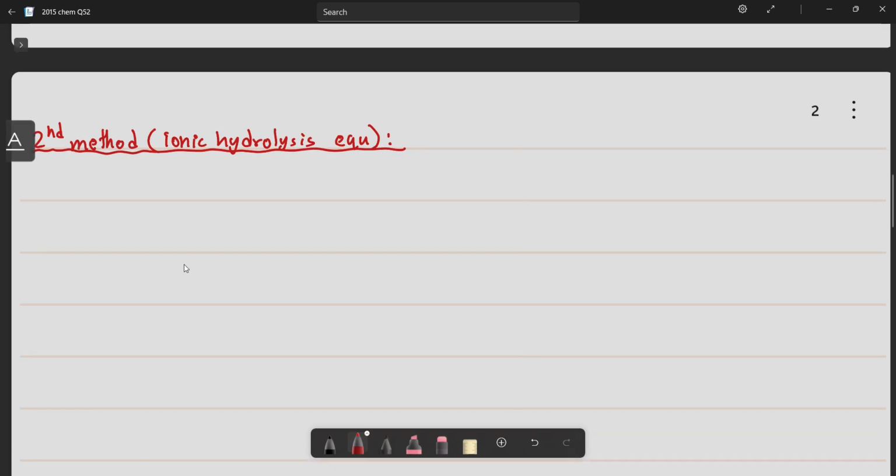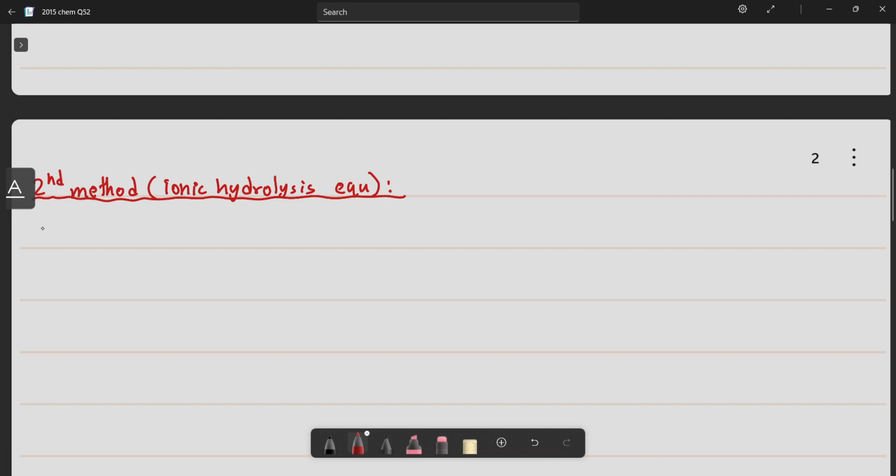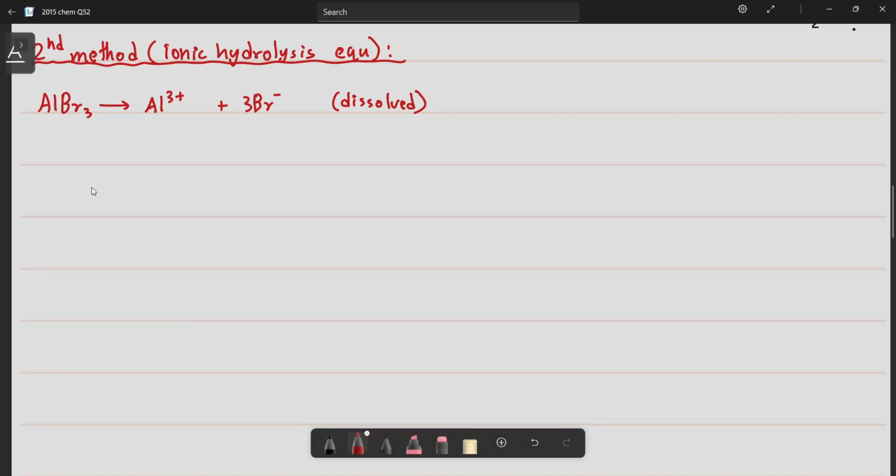Okay, so for the first option, the aluminium bromide. The aluminium bromide is going to dissolve in water and form aluminium ion 3 plus and 3 bromide ions. All of these are in aqueous solution, so this is dissolved. These salts are actually dissolved into ions.